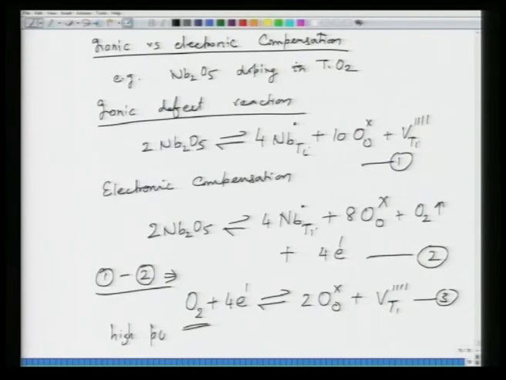So, high PO2, you have ionic compensation, this is obvious from this reaction, and low PO2 will give rise to electronic compensation. So, this is pretty clear from this reaction.